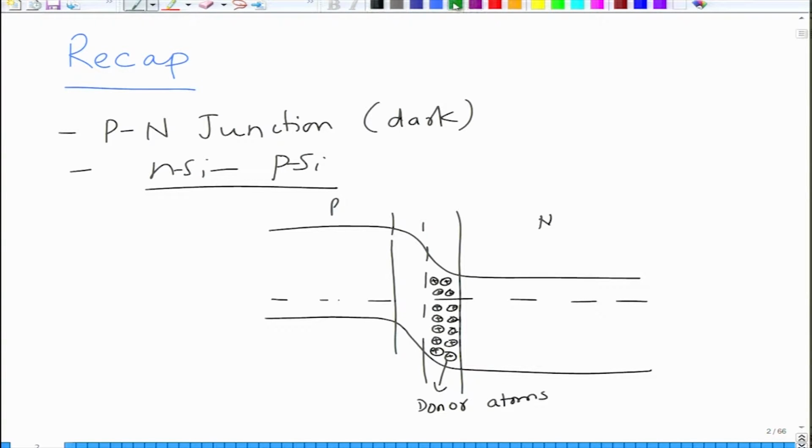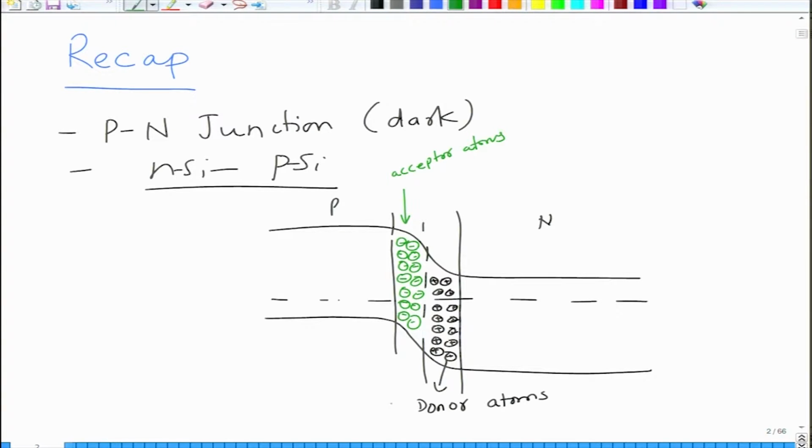On this side you are going to have acceptor atoms. The density of these atoms, and the width of this depletion region, as we will see, will depend upon how doped the semiconductor is. Holes and electrons would have neutralized each other.